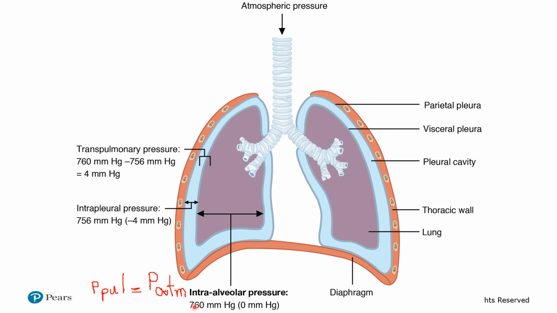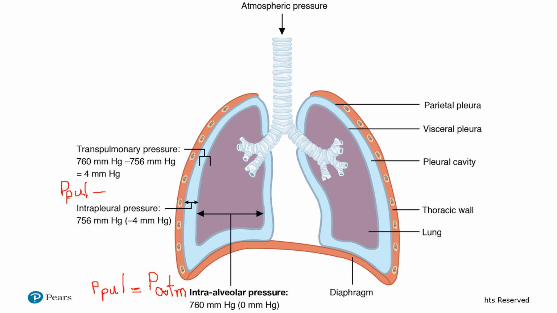Then we have a third type of pressure, which is known as transpulmonary pressure. If I subtract intrapleural pressure from the intra-alveolar pressure, I get transpulmonary pressure. So if I write it down here, it is intrapulmonary pressure, which is also known as the intra-alveolar pressure. I'm sorry about my writing.